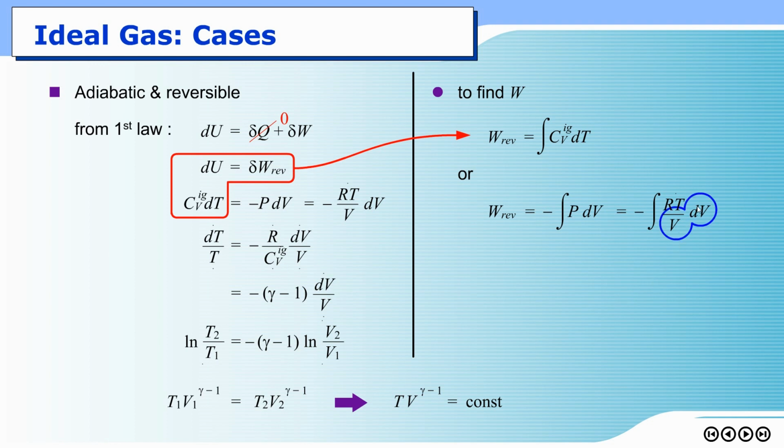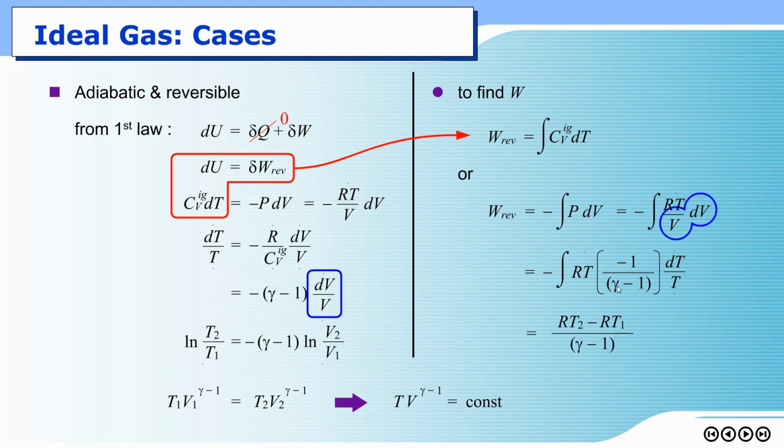But you can convert this dV over V to be something like this. If you notice, these two terms highlighted in blue are essentially the same. So if you rearrange this equation so that dV over V is equal to dT over T divided by gamma minus 1, and plug it in here, you end up with this equation.